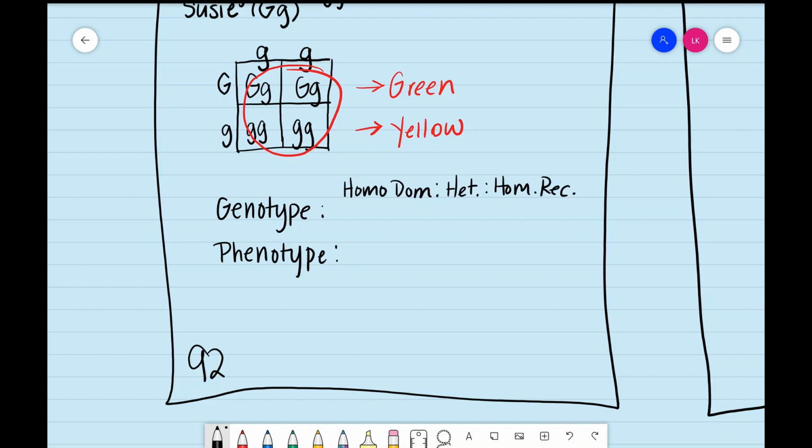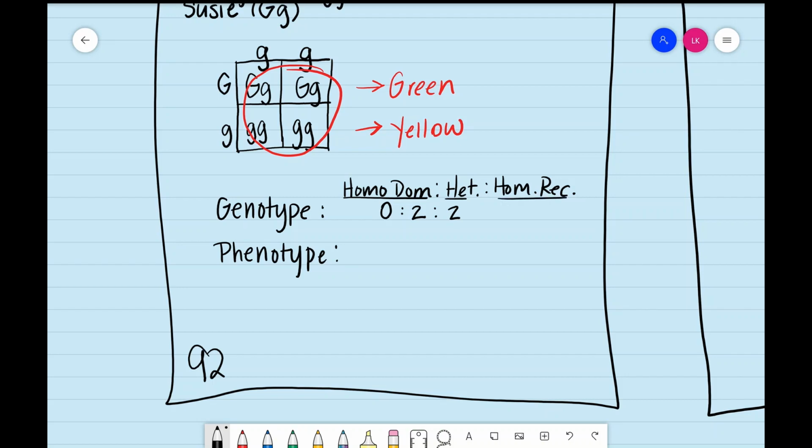If we look first at homozygous dominant, there's not a single one. There's no big G present. For heterozygous, one of each, we see that there are 2 offspring with that, potentially. And homozygous recessive, we see there are 2. So that's the genotype ratio for this Punnett square.